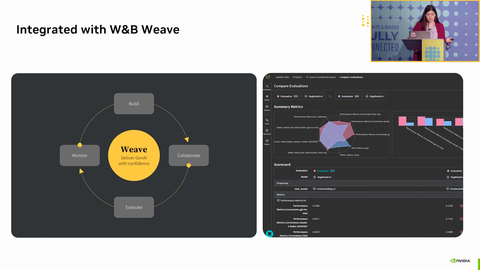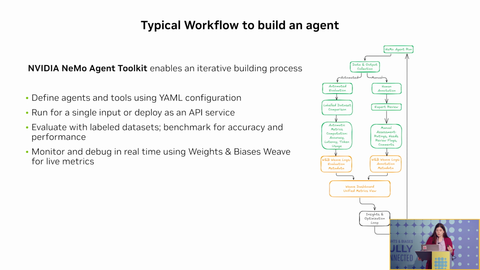And one of the reasons I'm here today is because you can integrate it with the NeMo Agent Toolkit. So here is very small, so I apologize for that. The typical workflow to build an agent, but in here basically we just show all of the steps of monitoring and observability, both on an automated side and on a manual side that you can also implement. And what NeMo Agent Toolkit does is it produces those traces.